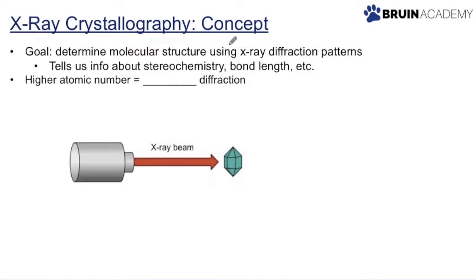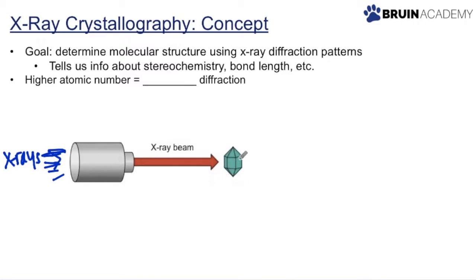So the way it works is you basically start off with an X-ray source, something that can shoot some X-rays out. It goes in, strikes something called a collimator or monochromator, which basically converts all of these crazy X-rays into a single X-ray beam. And then this single X-ray beam strikes some crystal.